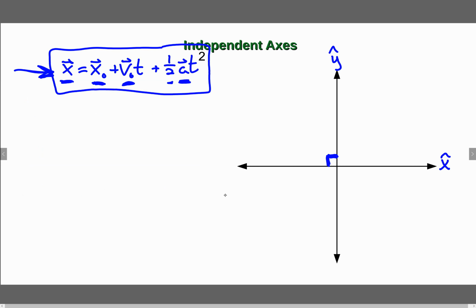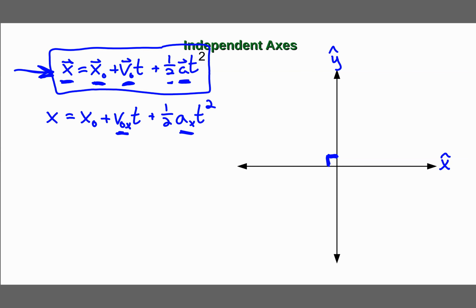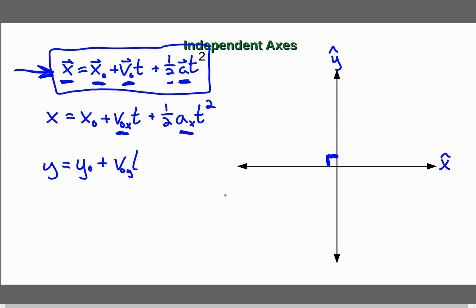So with our independent axes, we end up with an equation, remember like we had before, in the x direction, okay, like we had with one dimension, but now I'm noting here that these two are the x components of the initial velocity and the acceleration. But we also have the same equation in the y direction, independent of the x direction.